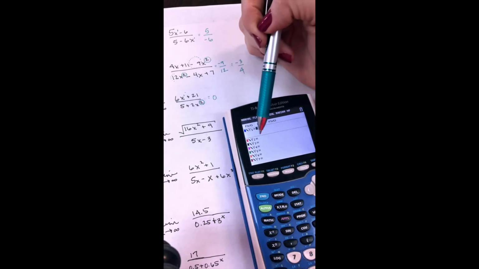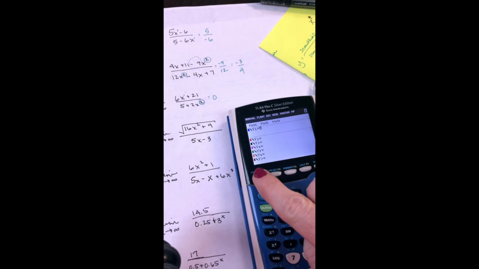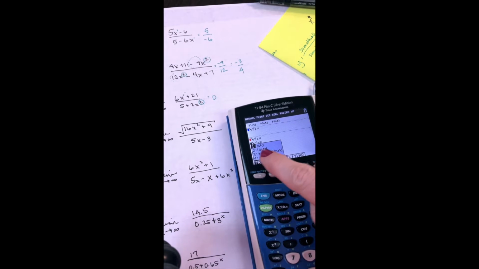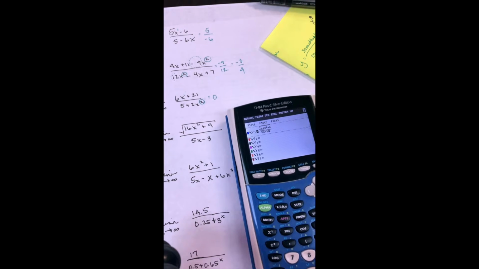This is a fraction, so on the newer operating systems, I can hit the green alpha button and the y equals button. And if I select n/d, that stands for numerator denominator, and it gives me a little skeleton fraction. So I can just enter this without having to worry about parentheses. 16x squared plus 9. Bump down to the bottom, 5x minus 3.